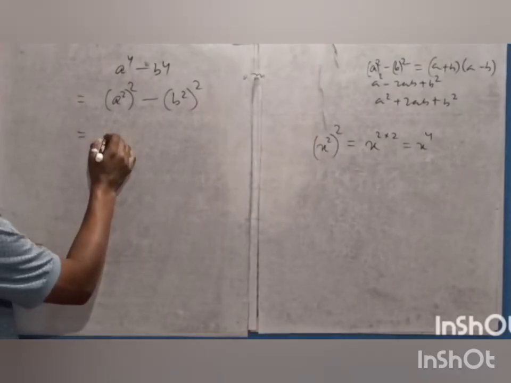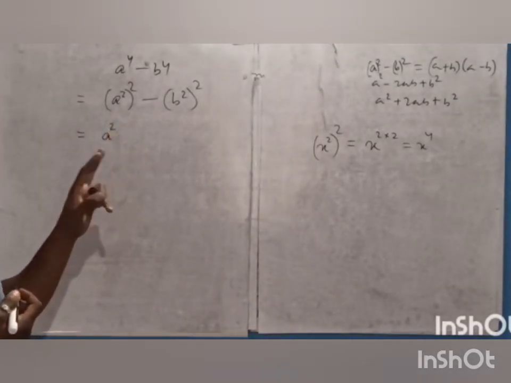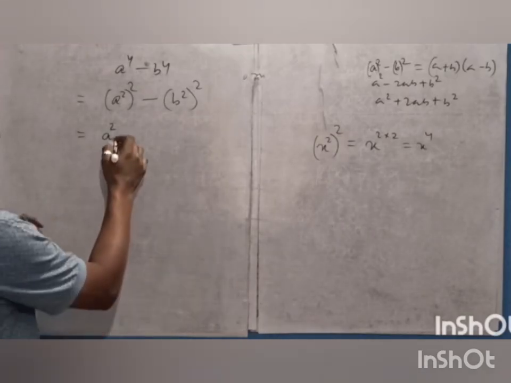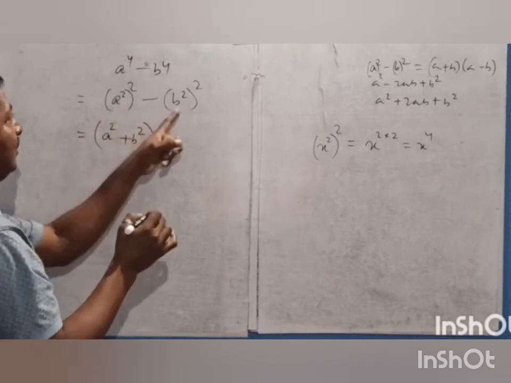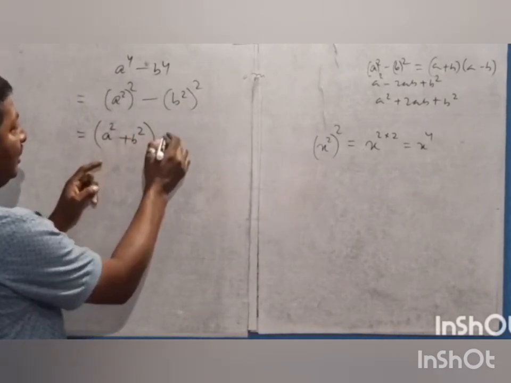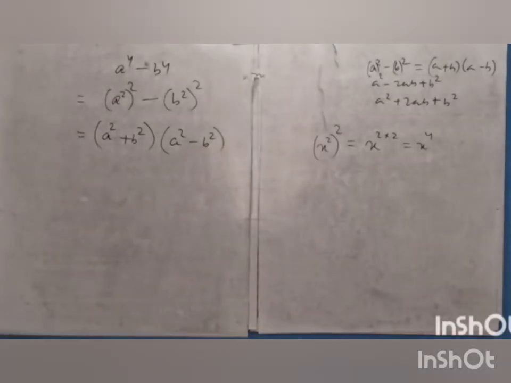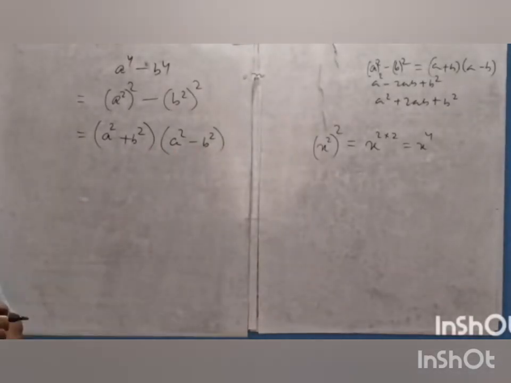So I am writing a is a square. I am writing a square, but I am talking about a. Okay. a square plus b square; this is a, this is b inside the bracket. So a plus b into a minus b. Okay. So these are the factors.